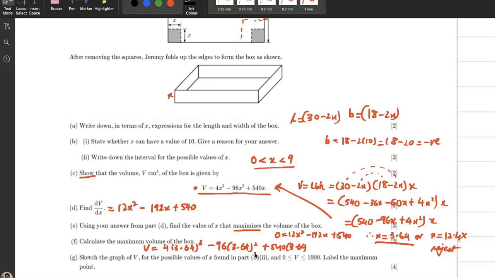Do it. So the answer is approximately 887. So 887 centimeters cubed is the maximum volume.